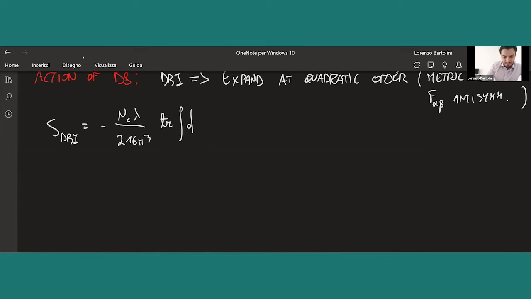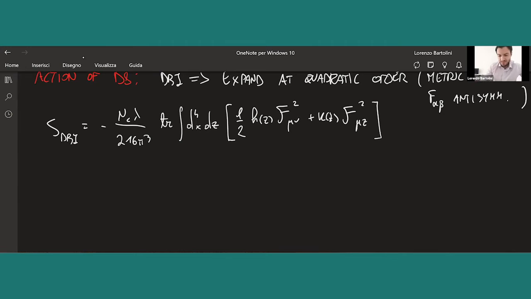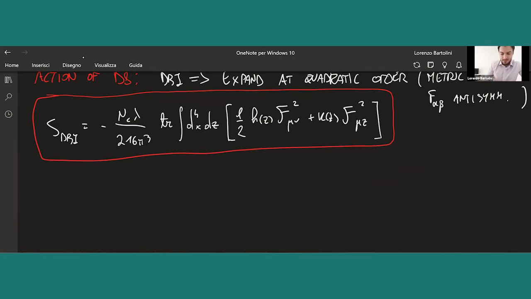Trace, integral dx to the 4 dz. You have 1/2 h of z F mu nu squared plus k of z F mu z squared. Okay, so this action will be essentially the protagonist of all our work. And you have a 5-dimensional Yang-Mills in a warped space.